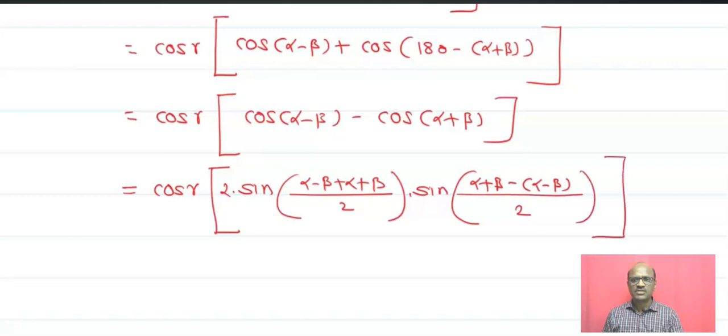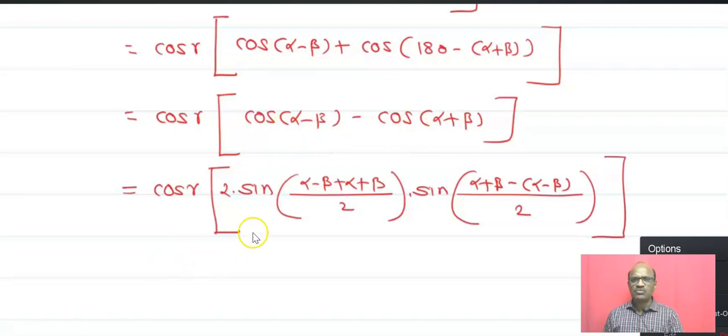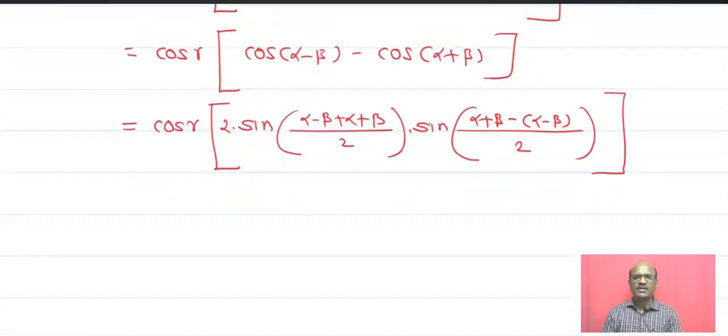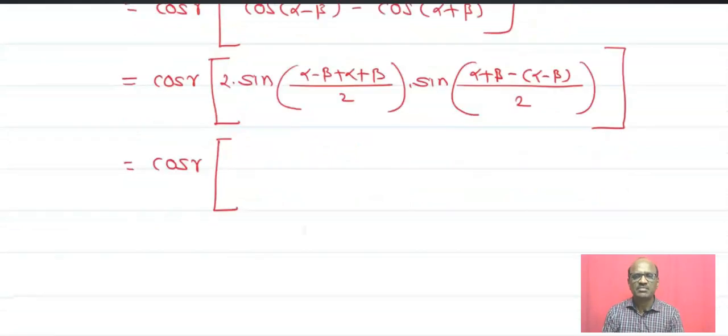I will show this. The formula for cos C minus cos D is minus 2 times sine of C plus D upon 2 into sine of C minus D upon 2. Now we will simplify here. Alpha minus beta plus alpha plus beta, the betas get cancelled.